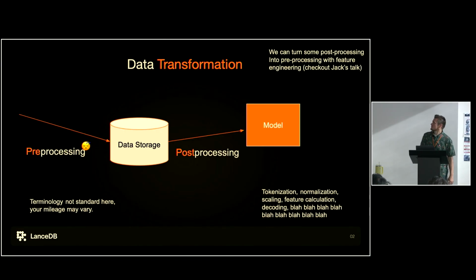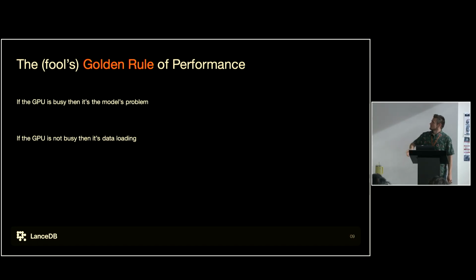All right, so we've now covered the what. We have to iterate through our data in a random order. We often have to transform it. And now we can start talking about performance. We can start talking about some of the challenges that we see. So there's this golden rule of performance, fool's gold, trying to be a little punny here.